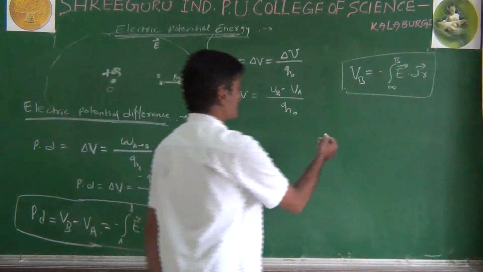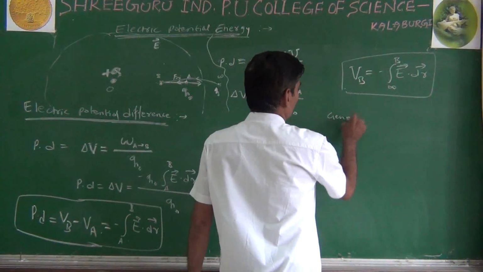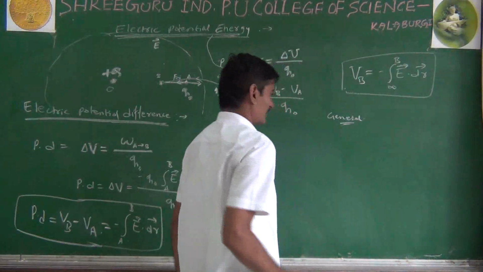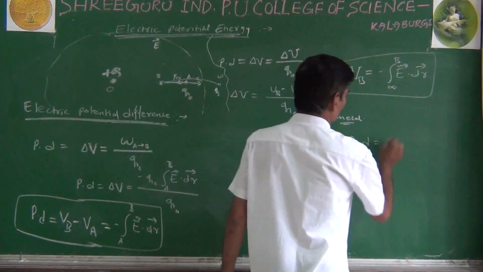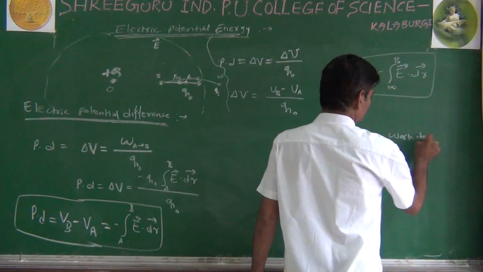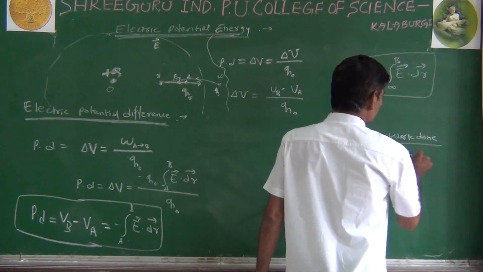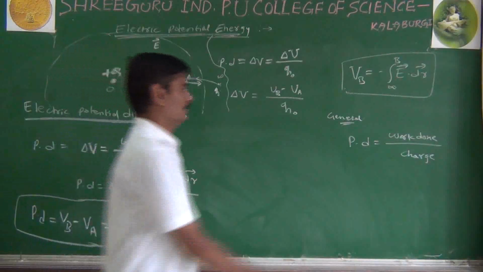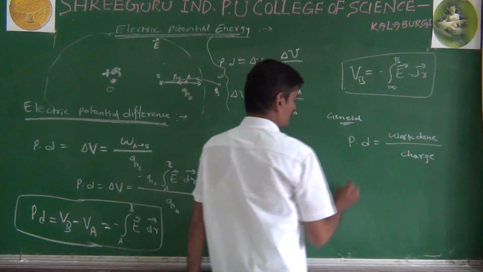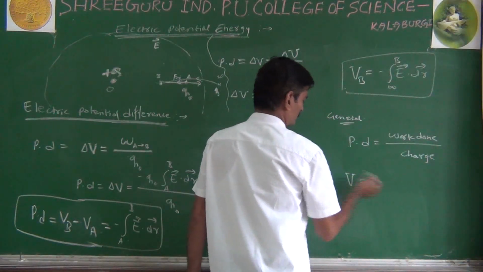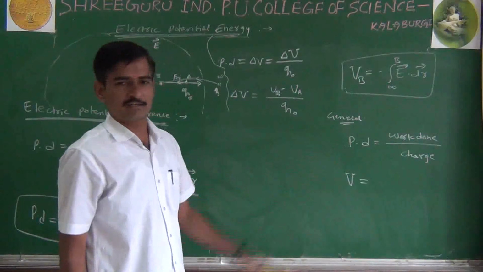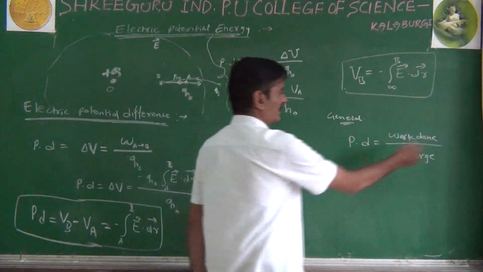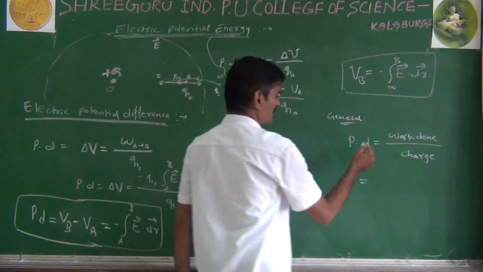Electric potential, in general, you can write the formula like this: potential difference is equal to work done divided by charge. Both V and delta V are okay, no problem. First, I will take the dimensional formula.